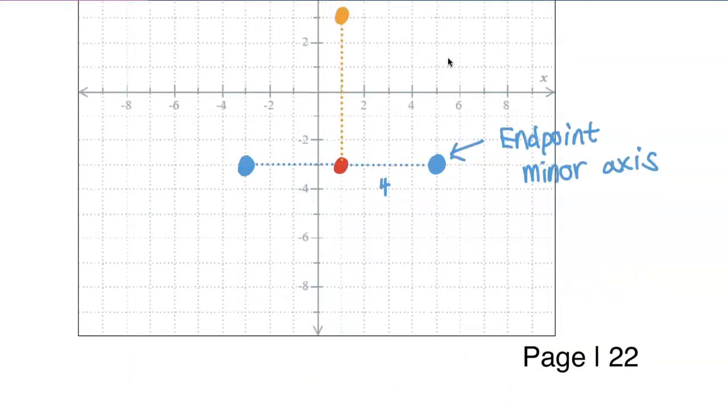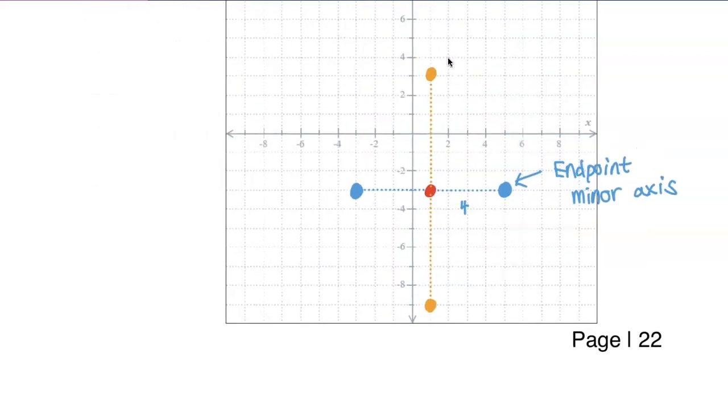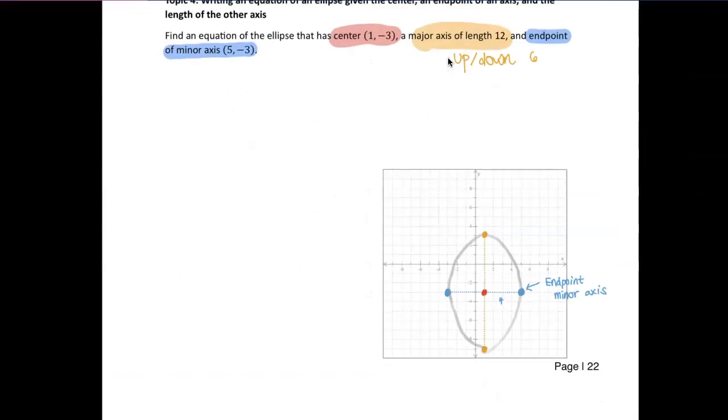Let me go down 6. 1, 2, 3, 4, 5, 6. So the second endpoint, the other endpoint of the major axis, is down here. And I'm going to try to sketch an ellipse that goes through these 4 points. And we are done graphing this ellipse.